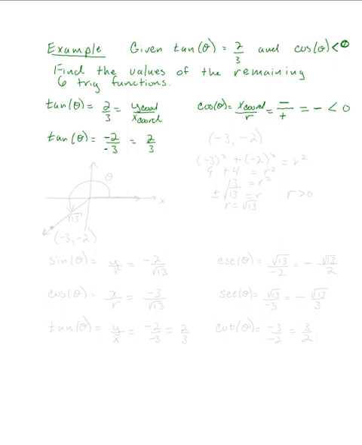Now that I know that, I can draw my picture. So that's my next step here. Draw the picture. We're drawing a picture of an angle that has x-coordinate -3, y-coordinate -2. So that puts us in the third quadrant. So let's see, I'm going to just write this down over here. X-coordinate is -3, while the y-coordinate is -2, which still gives us that ratio of positive 2/3.